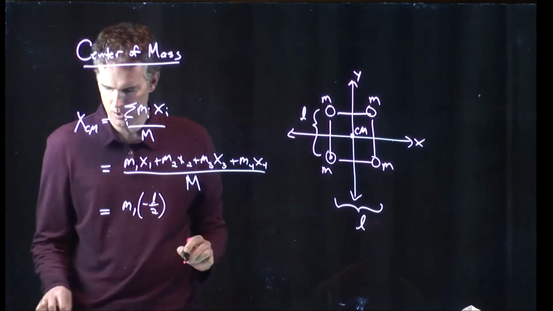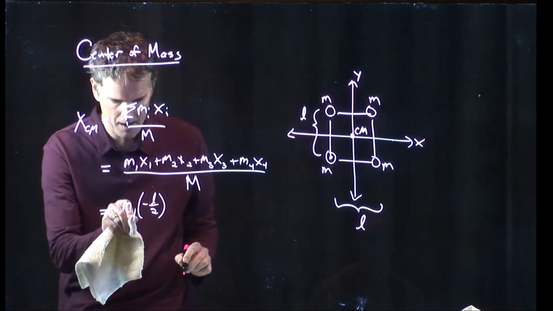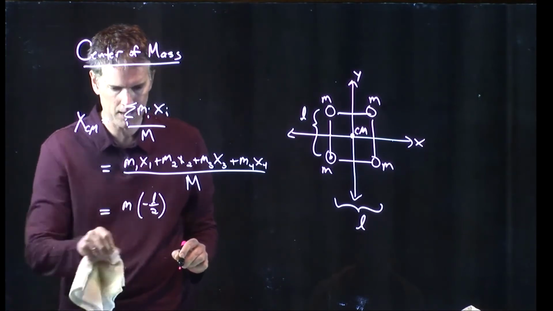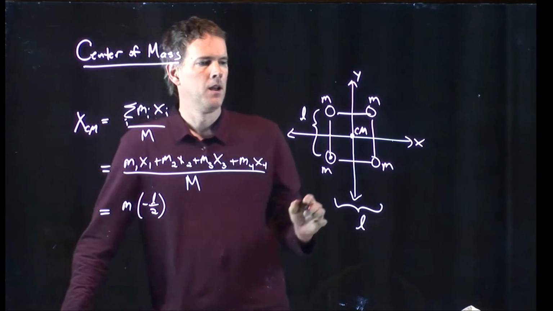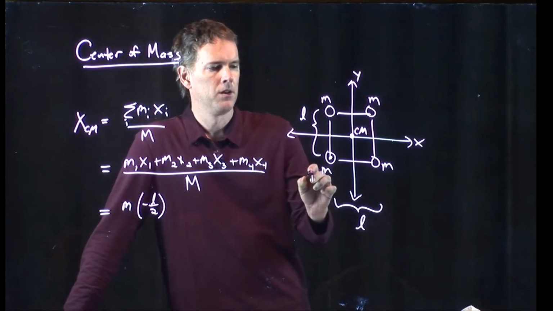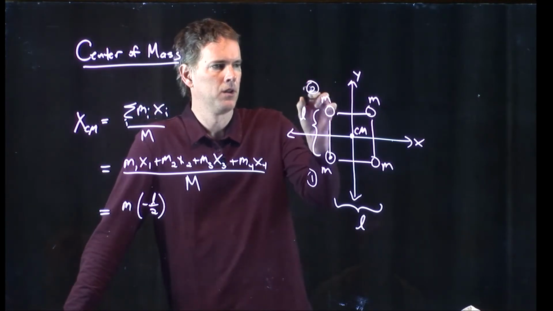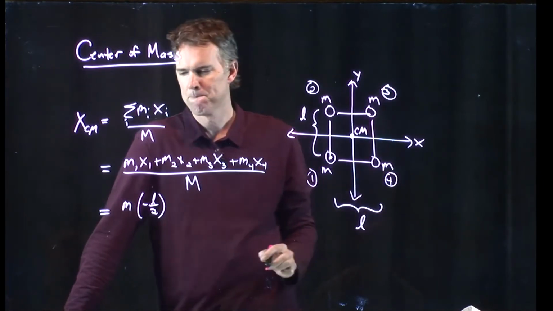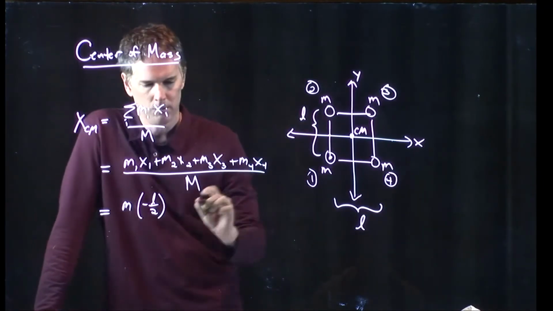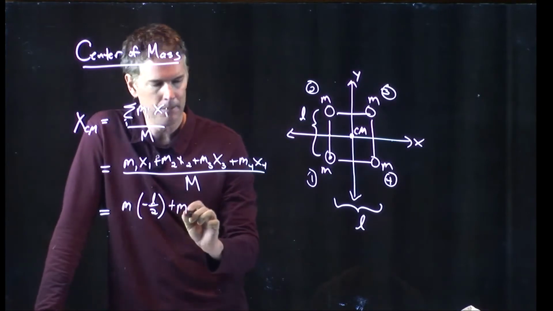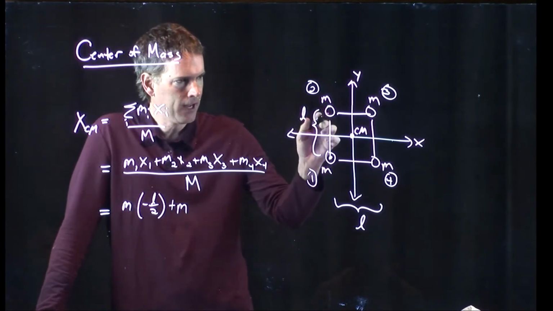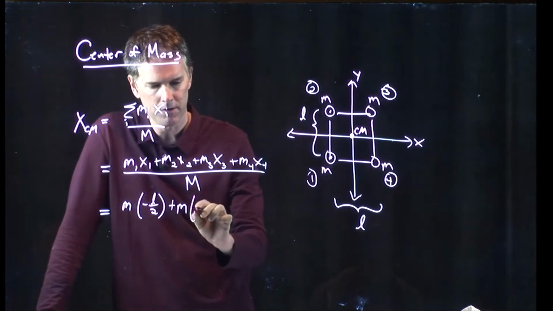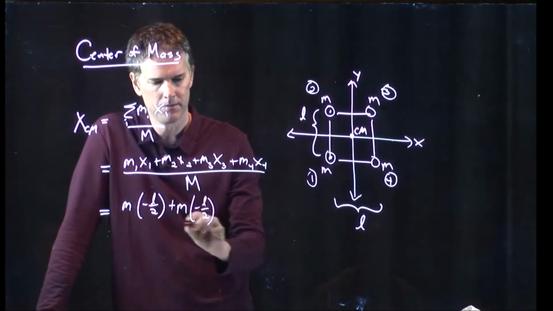And that first one, we also said, is just mass m. So we'll take out that subscript. This is number 1. This is number 2. This is number 3. And this is number 4. M2, which is also just the mass m, also has an x position of negative L over 2.